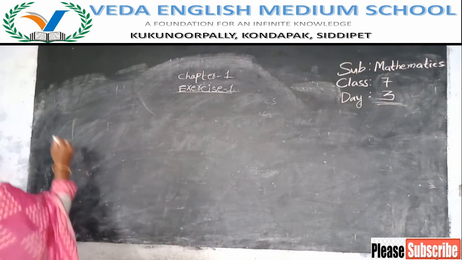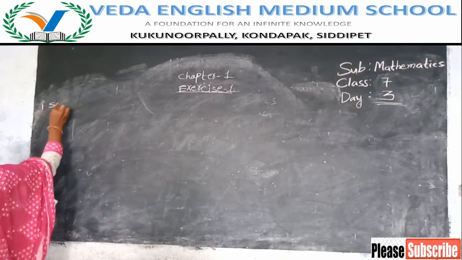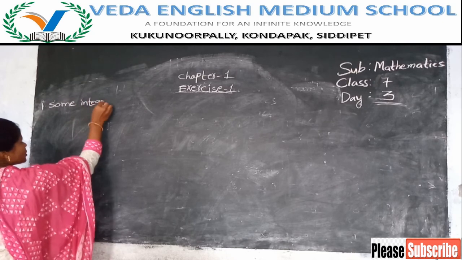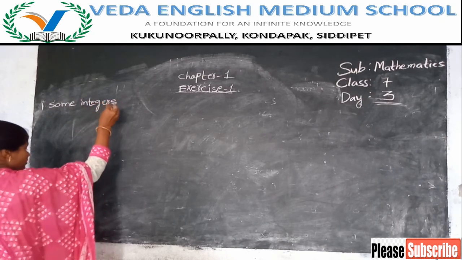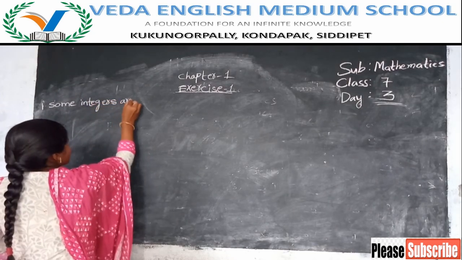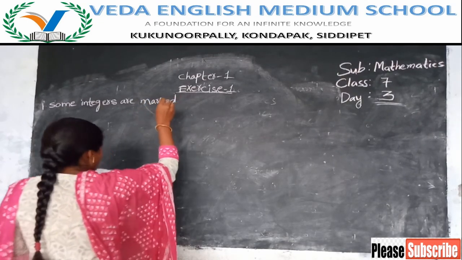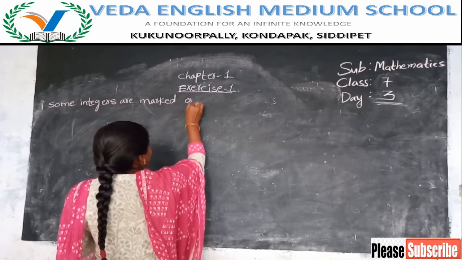First question is, some integers are marked on the number line.